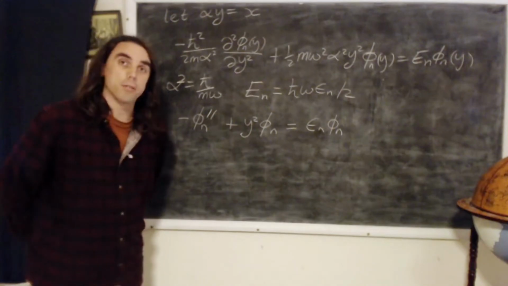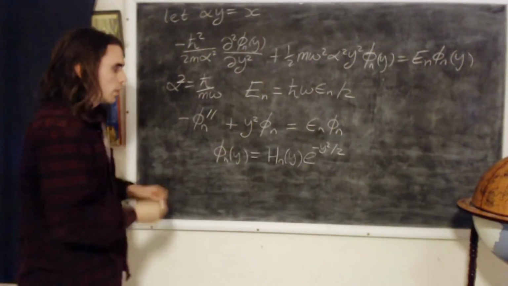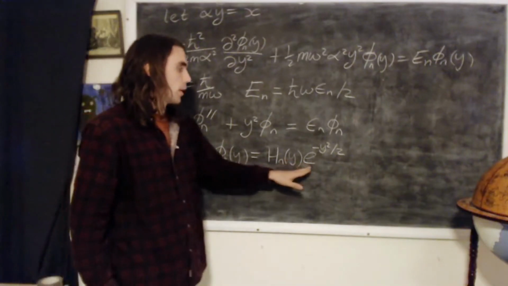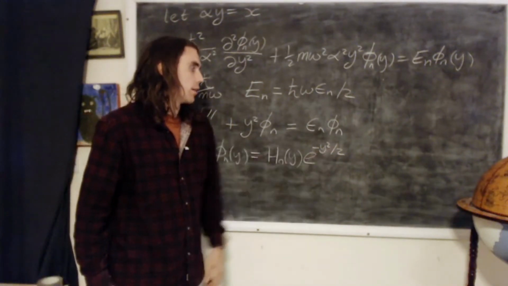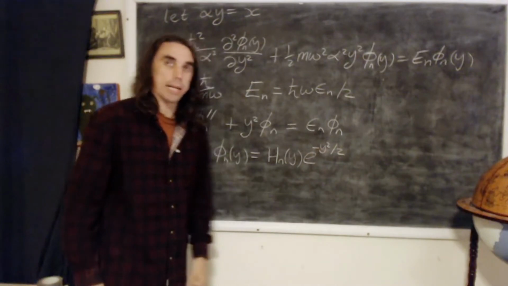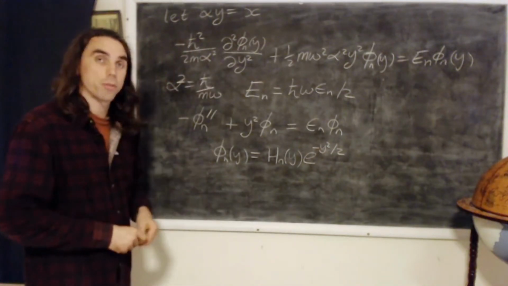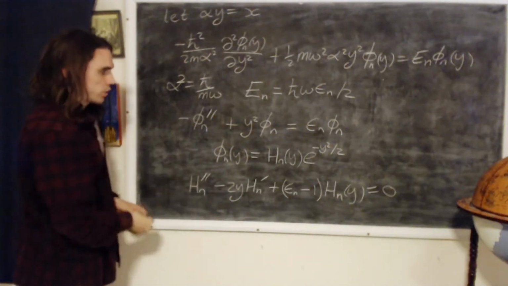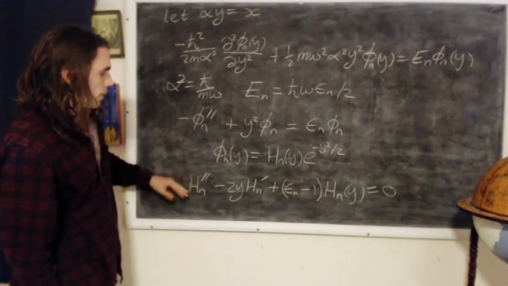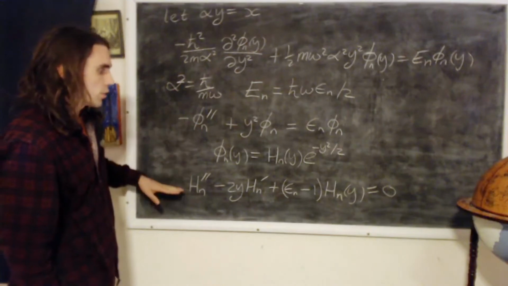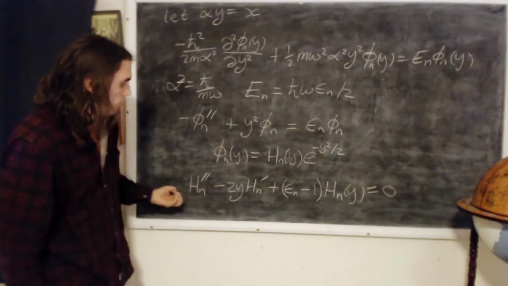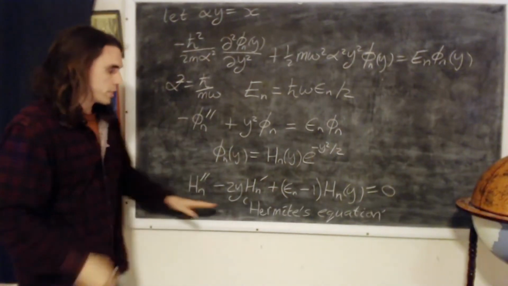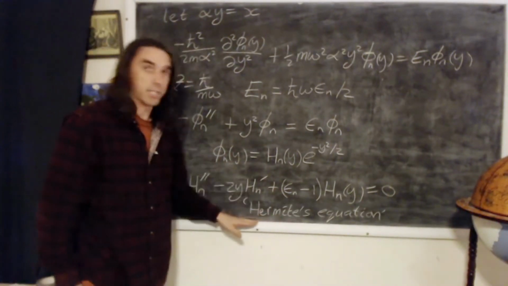It's convenient to make the following substitution. So we'll switch from phi n of y to h n of y multiplied by e to the minus y squared over 2, so multiplying the Gaussian term. When we make the substitution, we find the equation here reduces to the following form, which, while not particularly much nicer than this one, was already known. So this was known before quantum mechanics, and it's called Hermite's equation, where I'm certain I'm pronouncing this person's name incorrectly.